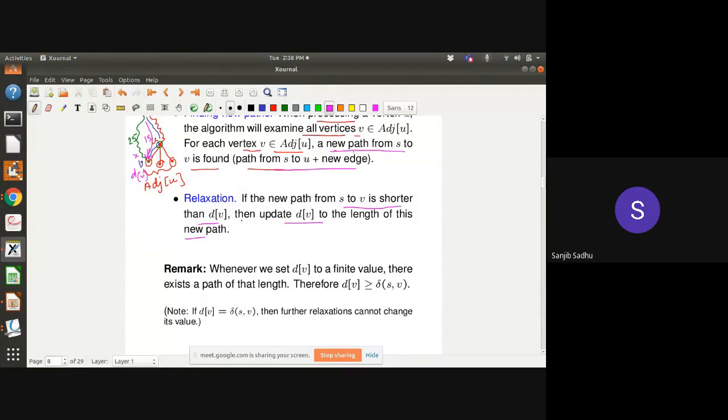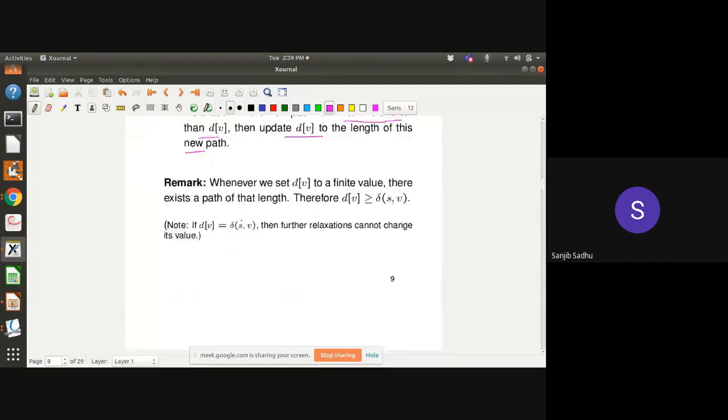So we are always trying to minimize the distance of vertex V from S at each and every step. That means dV is always greater than or equal to the exact minimum path length from S to V, delta(S,V). Whenever they become equal, no more relaxations are required for that vertex.